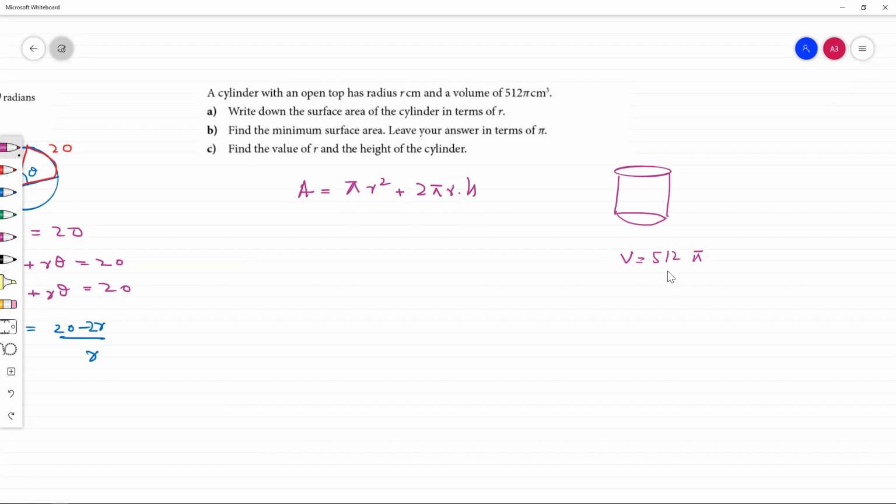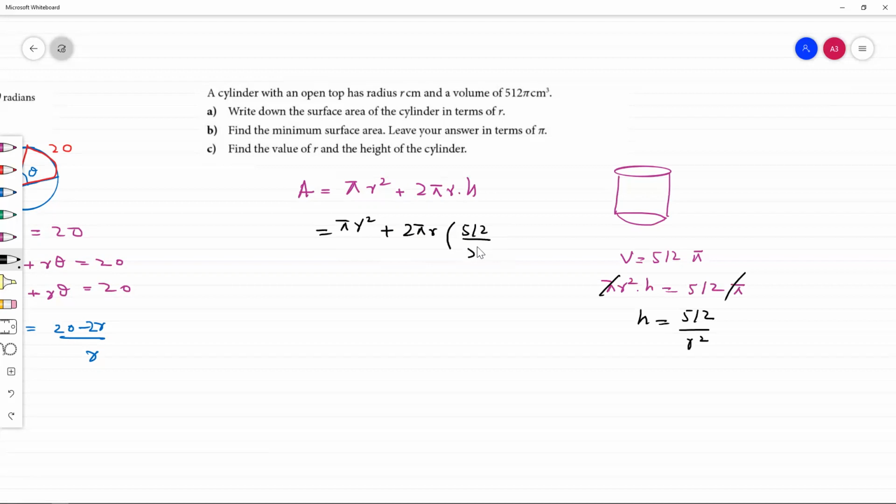So for this purpose we have this equation: pi r square dot h is equal to 512 pi. So we can cancel pi with this pi. So h will be 512 over r square. So use this value into this equation. So pi r square plus 2 pi r into 512 over r square.